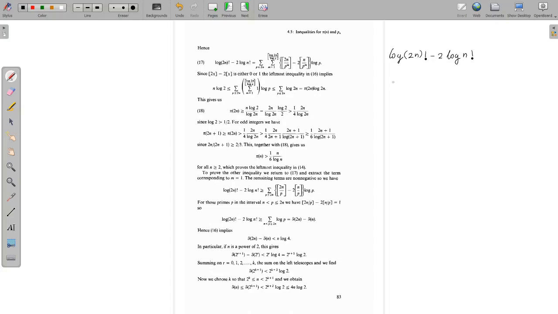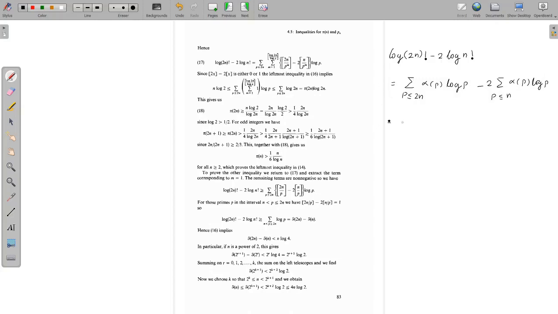By our formula we can write this as sigma p less than or equal to 2n of alpha of p log p minus 2 times summation p less than or equal to n of alpha of p log p. This is our formula.